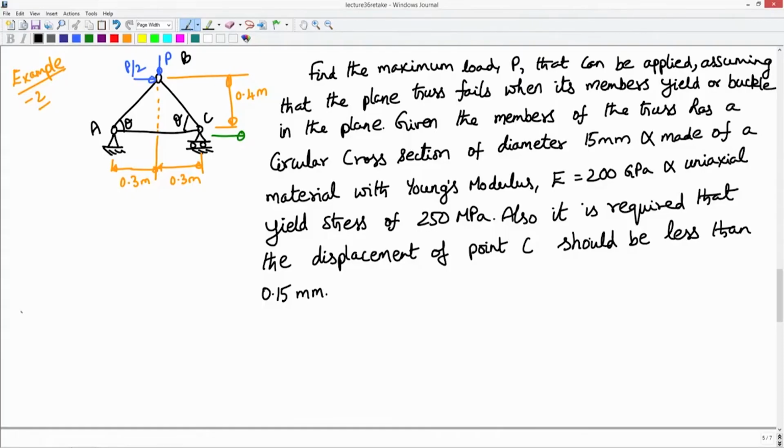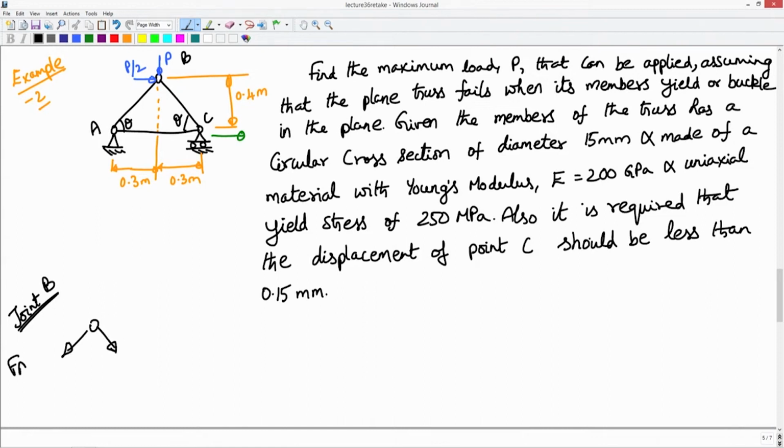First task is to find the member forces. So, I will use method of joints to find the member forces. First, I will look at joint B. I am looking at joint B, wherein there are two members coming at the joint. I assume the tensile force acting on these members as positive.